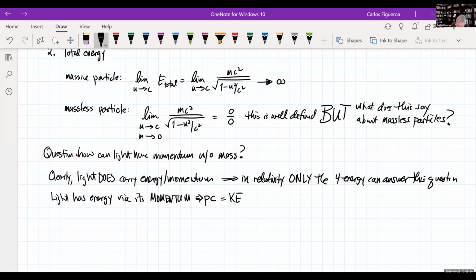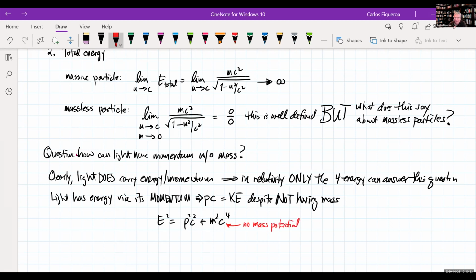We typically say momentum, but it's really pc, despite not having mass. So when I look at the four-energy, we've been saying for some time now that this means it has what? No mass potential energy, and this is just pure kinetic energy.